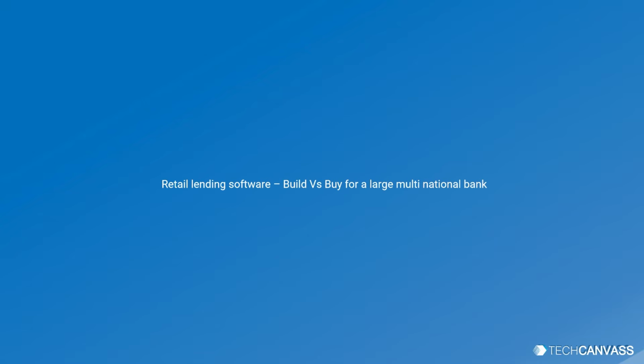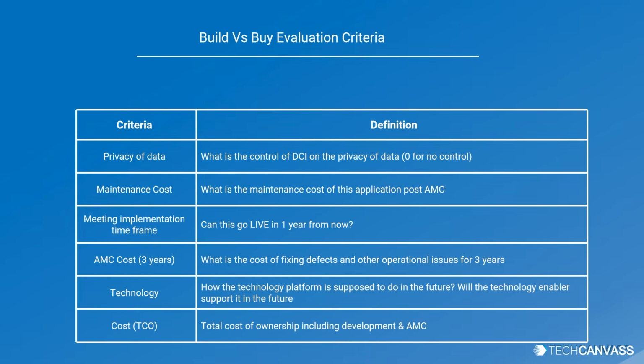Customization in this case means changing the product functionality as per the bank's specific needs. So how will the bank decide which alternative to go for, build or buy? This is where evaluation criteria are used. In this case, the bank and its team have picked up criteria which will be used to evaluate the build and buy option. Since there are two alternatives, we use evaluation criteria.